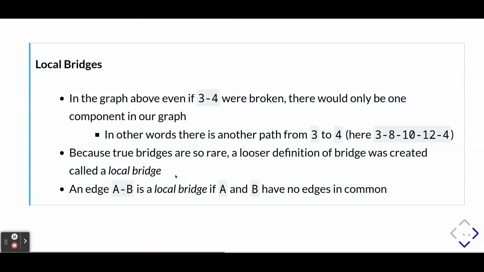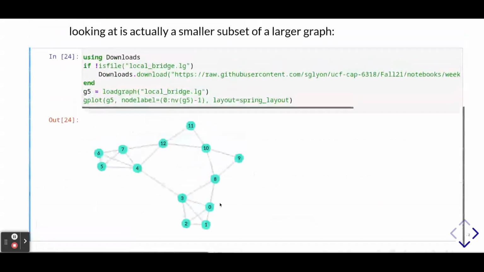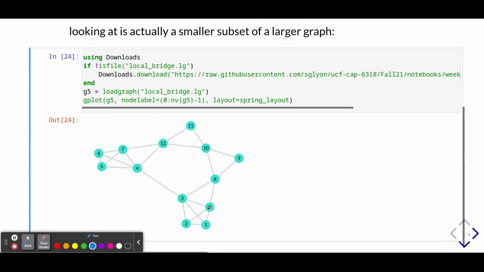However, there's still a change or a difference. Suppose we wanted to go again from 0 to 7. Well, before we delete our edge 3, 4, we've got a pretty quick path: 0, 3, 4, 7. The distance between 7 and 0 is equal to 3.